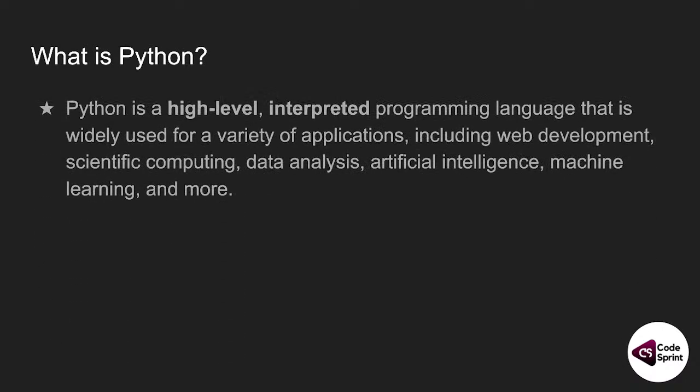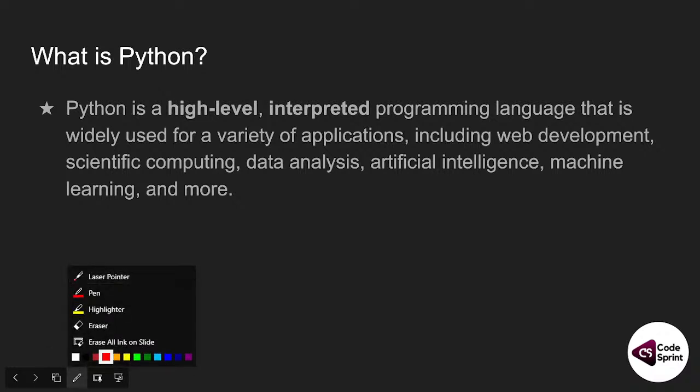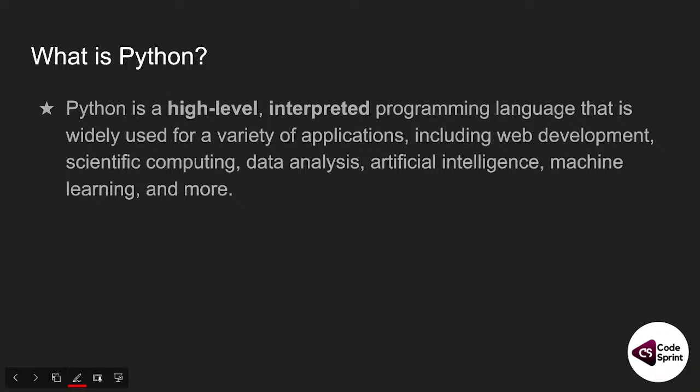Okay, so we are going to discuss what is Python. Python is a high level programming language. What does it mean? We will discuss it. First of all, what is high level? We know we are humans and there is a machine, and we can't communicate with the machine directly.